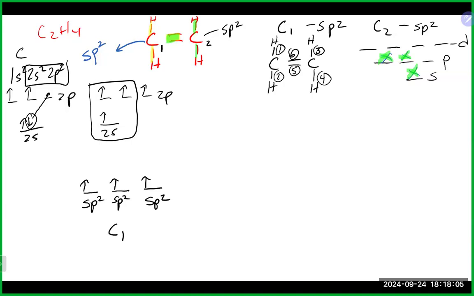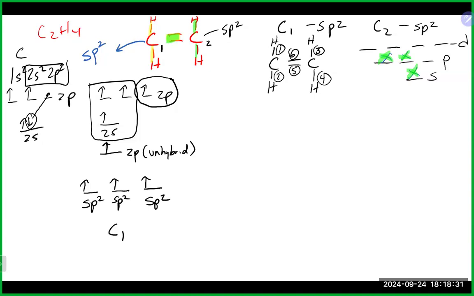And what did not get hybridized for this guy? We have one p orbital that is unhybridized. So we still have that 2p orbital that's unhybridized, and it still has an electron, which means it's probably important since it's got an electron hanging out in it.